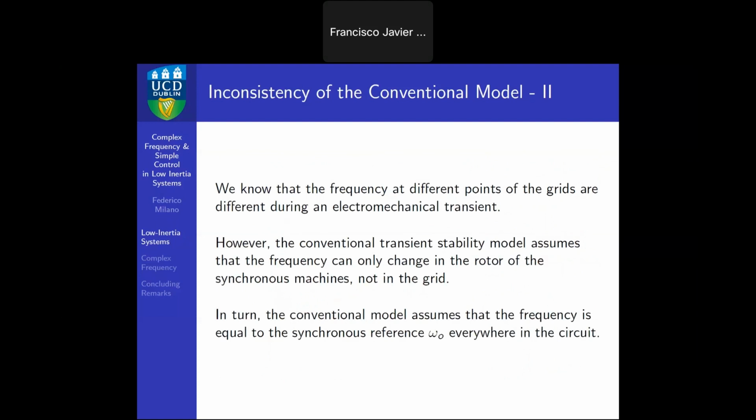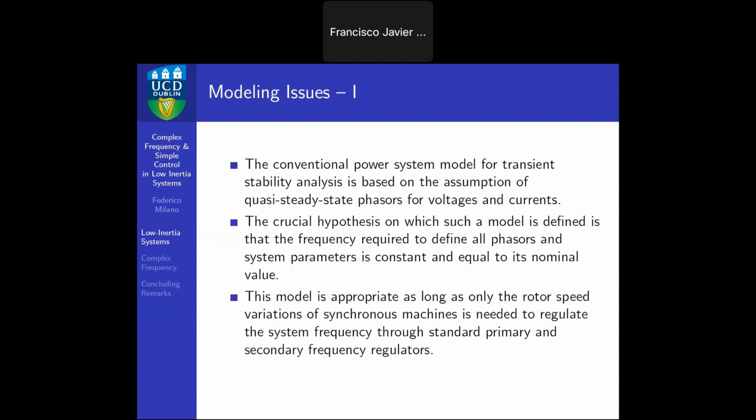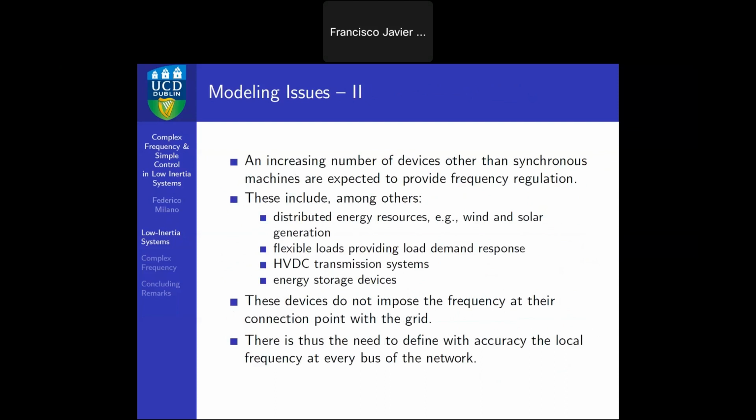So we know that the frequency changes. How does it change? What kind of model can we use to calculate the actual frequency everywhere in the network? And why do we want to do that? Because we have devices that may need to measure the frequency.